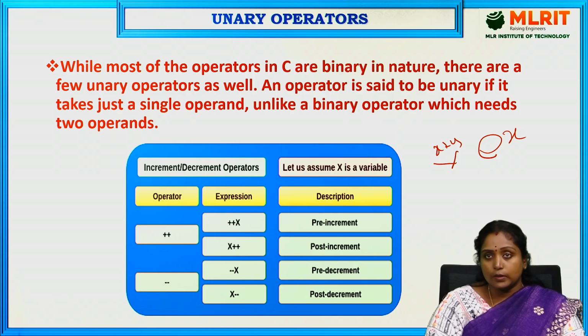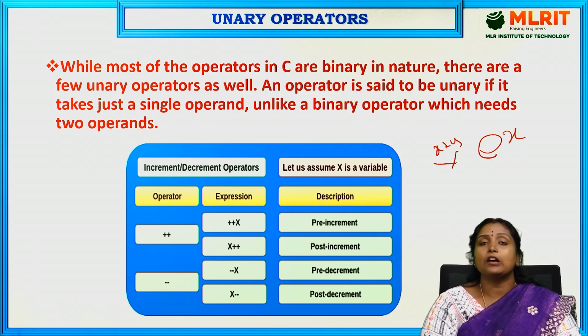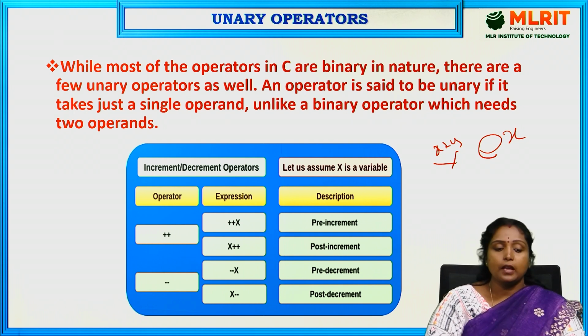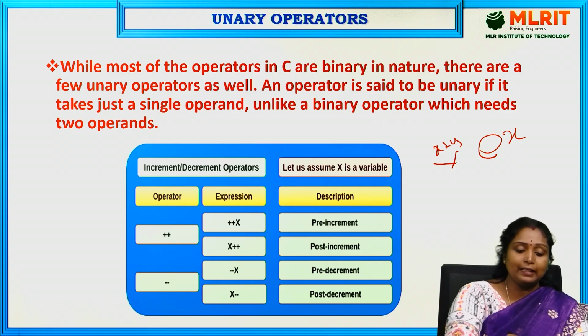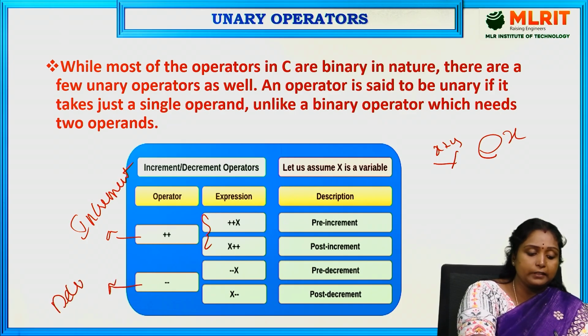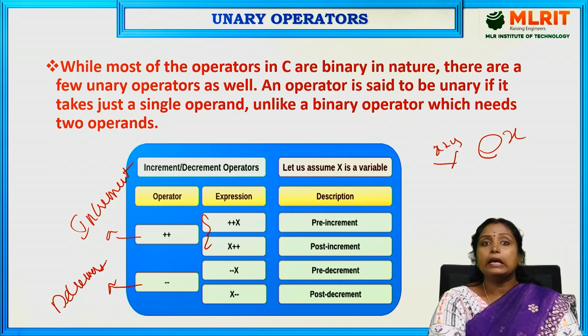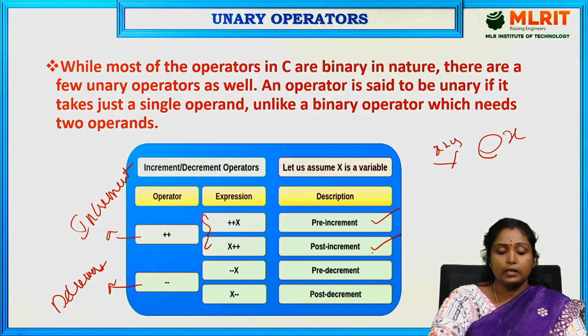There are 2 types of unary operators: one is increment and the second one is decrement operator. Increment is again divided into pre-increment and post-increment. Similarly, decrement is divided into pre-decrement and post-decrement.